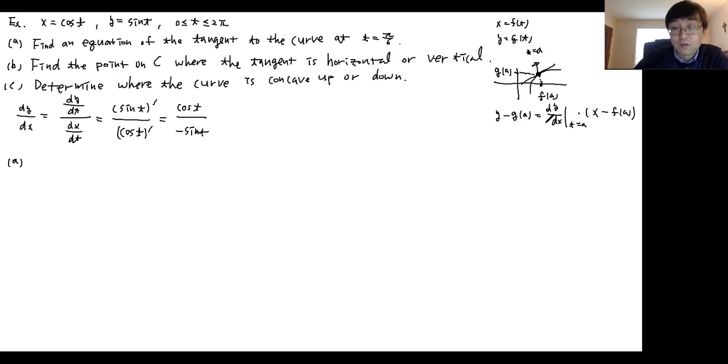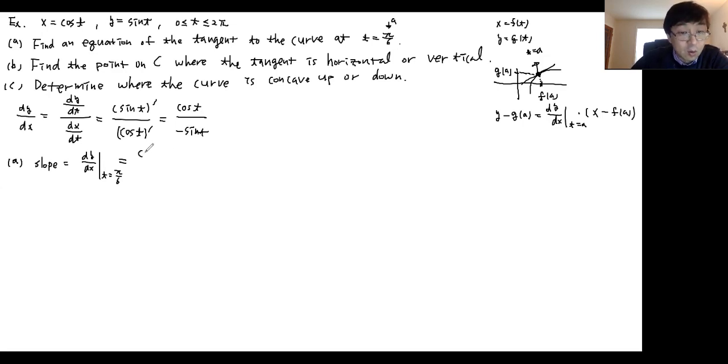So first, you find dy over dx at t equals a. In this case, t is given; pi over 6 is a. So you can calculate the slope of the tangent line. The slope is dy over dx at t equals pi over 6. You plug pi over 6 into t: cosine of pi over 6 over negative sine of pi over 6.